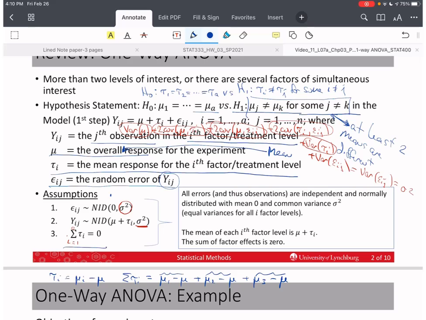Now, another way you can say all this is that all the errors, and thus the observations, are independent and normally distributed, and they have a mean of 0 and a common variance of sigma squared. Or you could specify that there's equal variances for all of the i factor levels. The mean of each ith factor level, as we've said, is mu plus tau i, and the sum of factor level effects is 0.